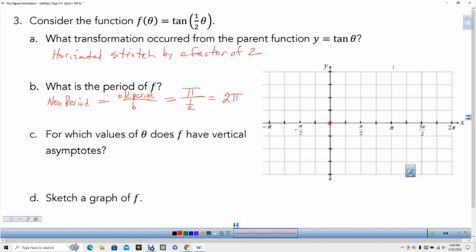So we're going to have a vertical asymptote right there at pi, and we're going to have a vertical asymptote over here at negative pi. So for which values of theta does f have a vertical asymptote? f has vertical asymptotes at theta equals negative pi and theta equals pi.